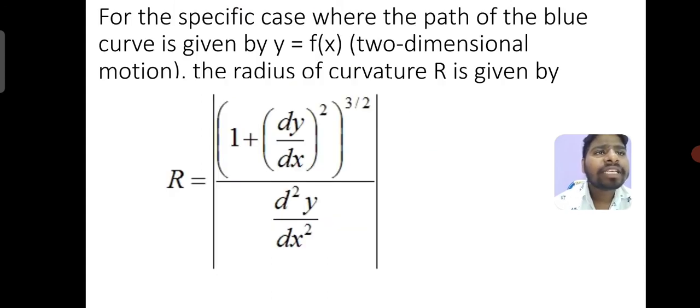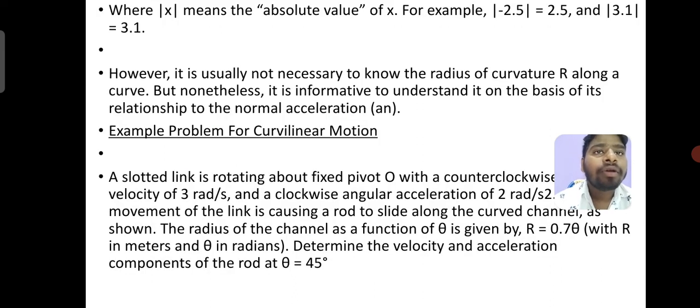For the specific case where the path of the blue curve is given by y equal to f of x, two-dimensional motion, the radius of curvature r is given by r equal to [1 plus (dy/dx) square] whole to the power 3 by 2, divided by mod of d square y by dx square, where mod of x means the absolute value of x.